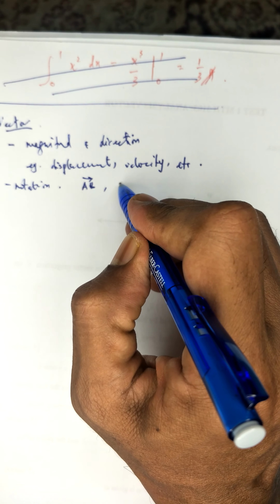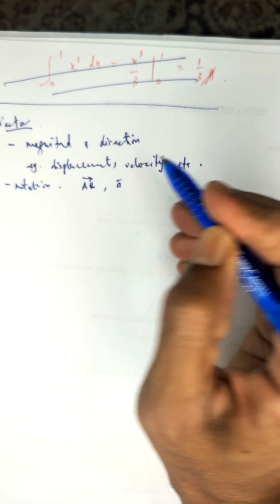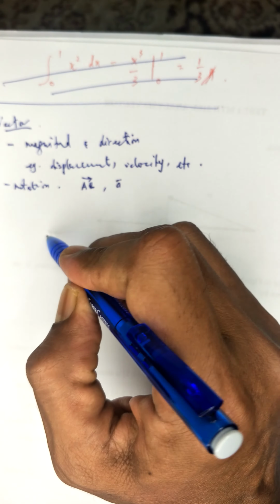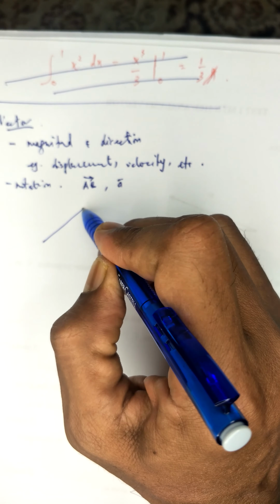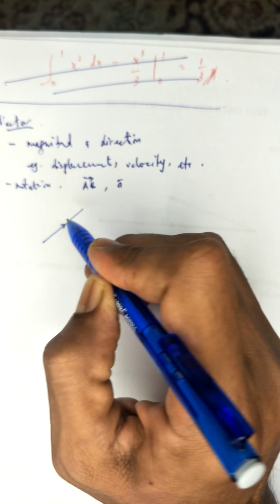So the notation for a vector: normally we denote it with an arrow. It means from point A to point B, or we can also use a single letter as a vector. For example, if you have a vector from A to B, we have the direction.